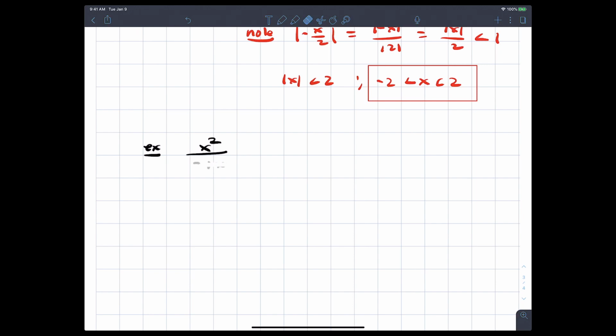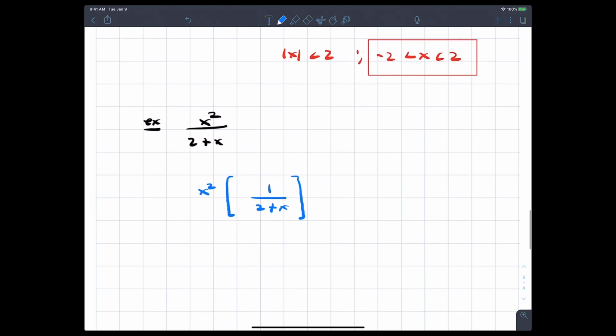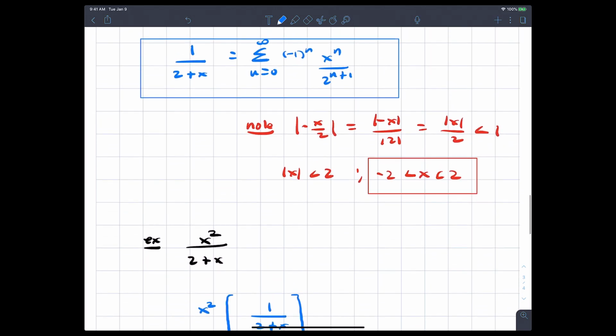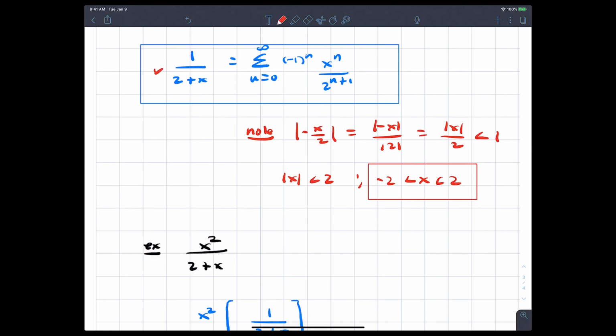And you're going to use what you know and some algebra. So you might say, I can write this as a product of x squared and 1 over 2 plus x, right? And you just actually wrote the power series expansion for 1 over 2 plus x right over here.